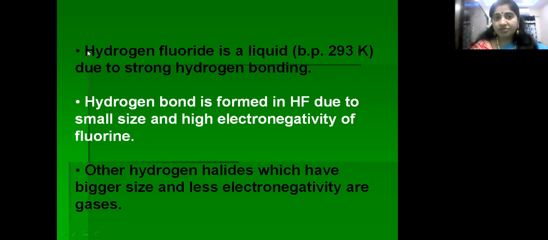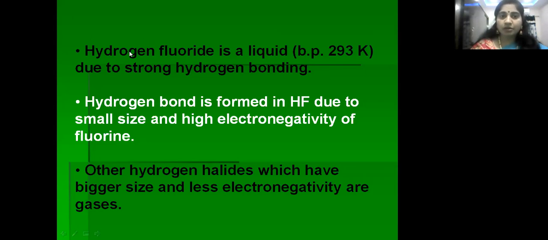So HF has intermolecular hydrogen bonding, because of that it exists as a liquid and its boiling point is 293 Kelvin, whereas HCl, hydrogen chloride, is a gas. Though HCl has more molecular mass than hydrogen fluoride, is it not? But it exists as a gas, right?